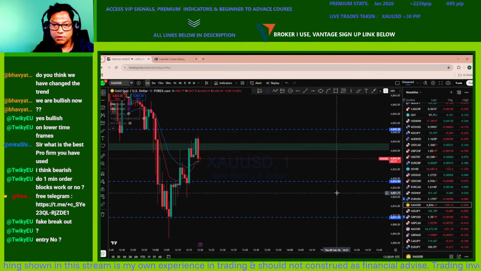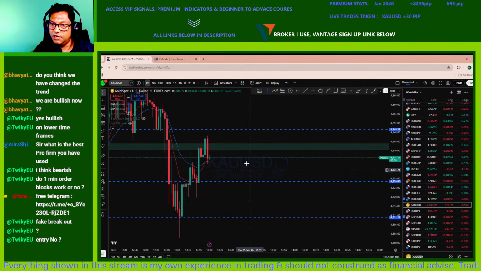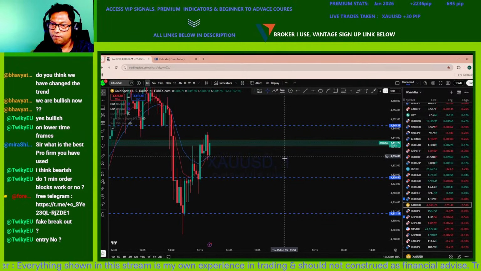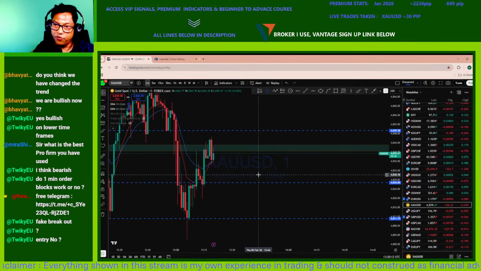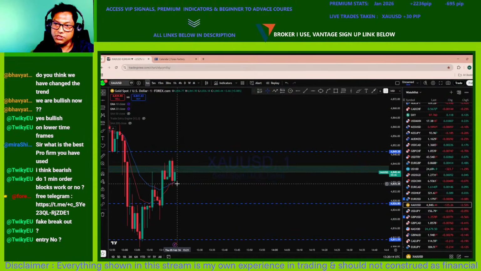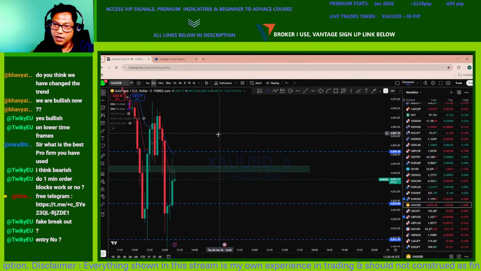No entry. Now this is where the market is creating a structure. If the price breaks off this level, we can look for a sell, and I'm looking to see it has done enough false breakout above.